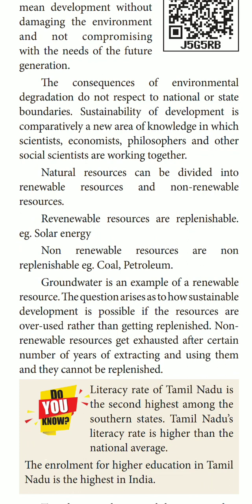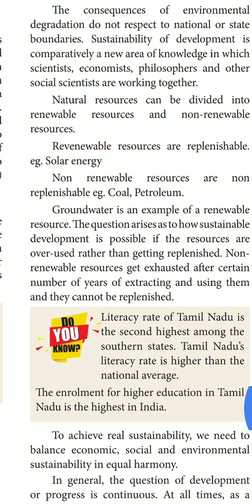Okay, so which is the example for renewable resources? Groundwater. These non-renewable resources get exhausted after a certain number of years of extracting and using them, and they cannot be replenished.